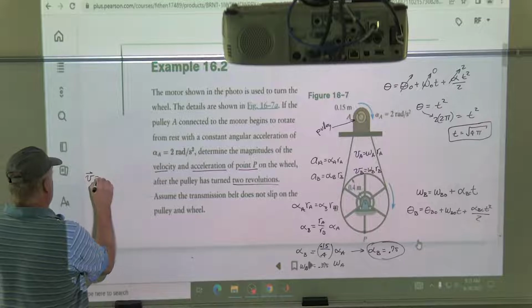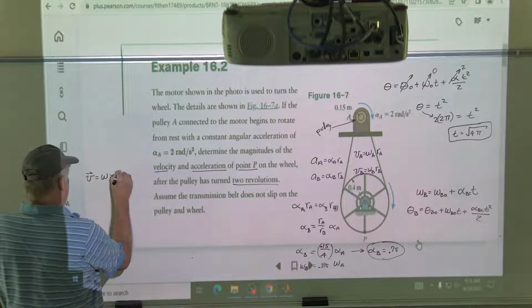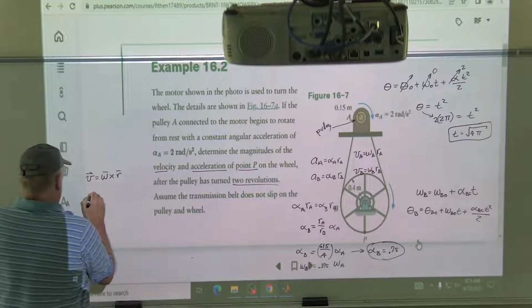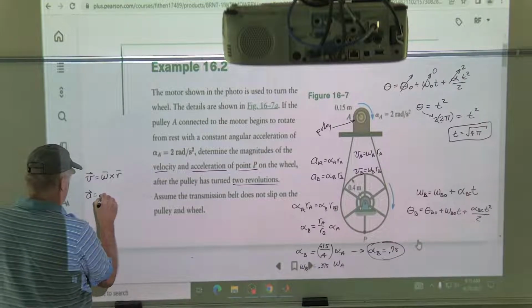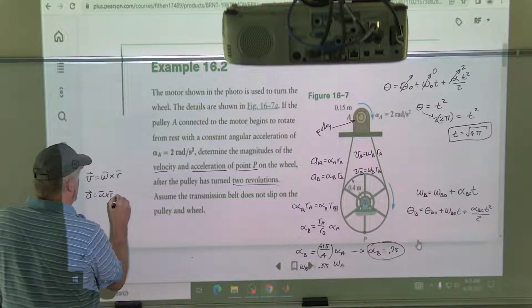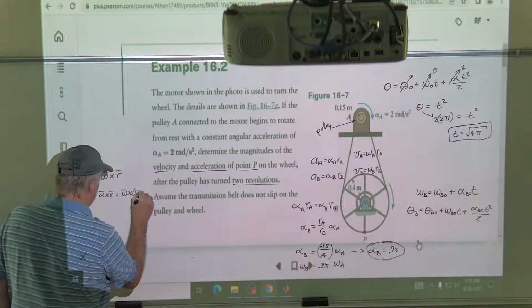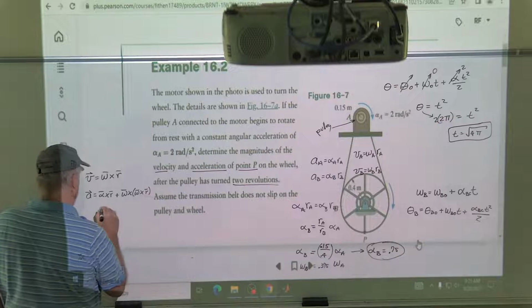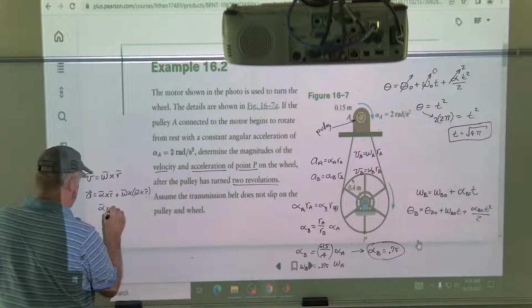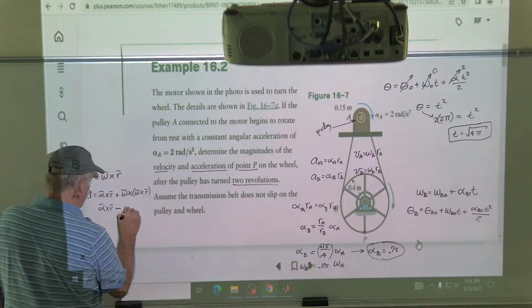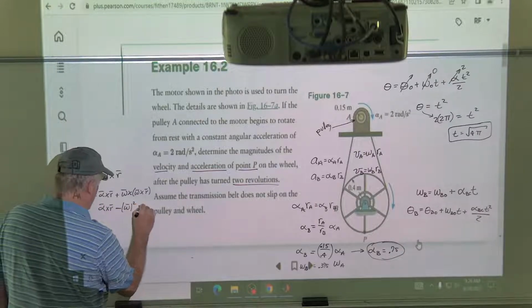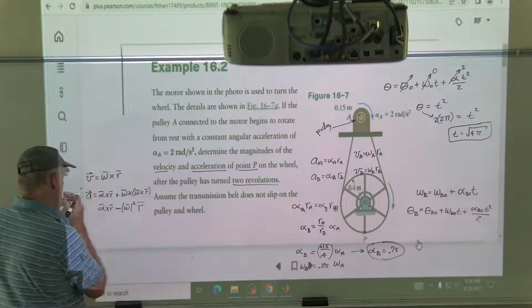Velocity is equal to omega cross r. Acceleration is equal to alpha cross r plus omega cross omega cross r, or the way he has written it, omega squared r, where this is the vector.